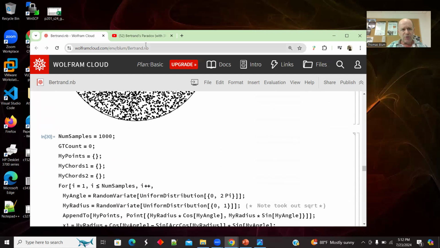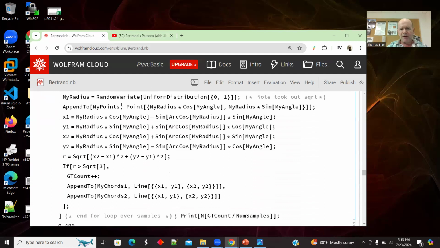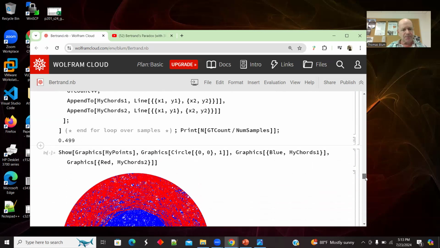So that was the third approach mentioned in the video. I'm picking a random radius and an angle again, but I'm picking a uniform radius between 0 and 1 without any square root. So if I'm thinking of it as points, the points aren't evenly distributed, but maybe the chords are.